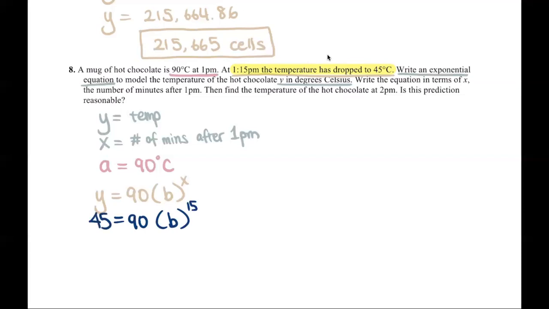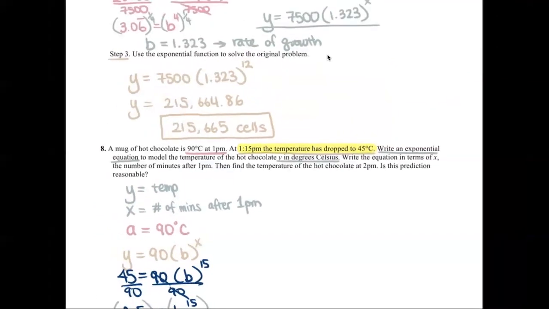Do you see how that works? So now you only have one variable, right? What should I do first? Divide by 90 on both sides. Nice. That gets me 0.5. And then now what do I do? To the power of what will get rid of that 15? Look at the one I did up here.